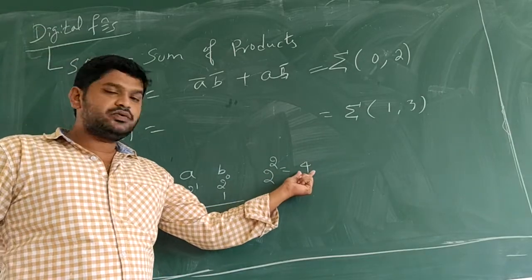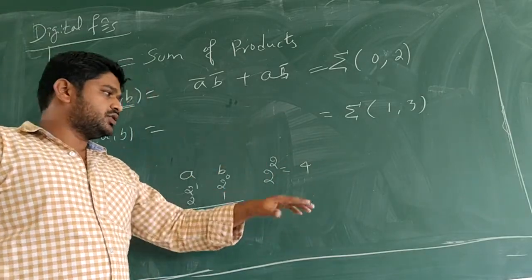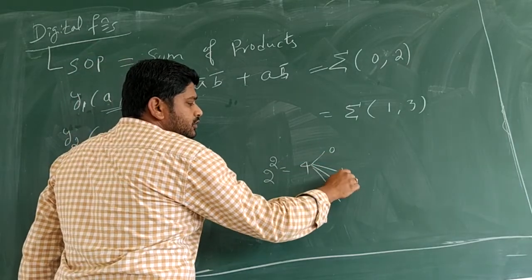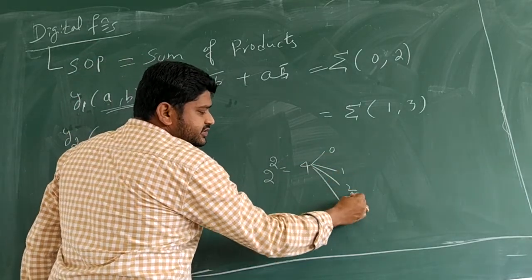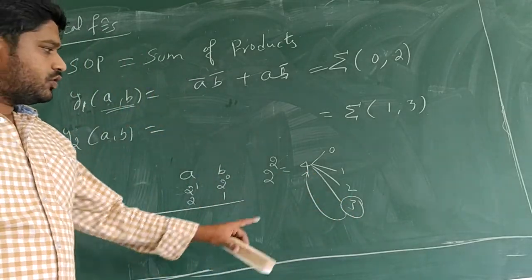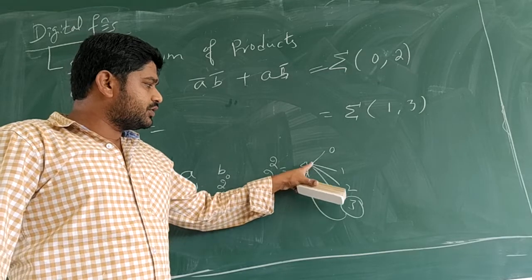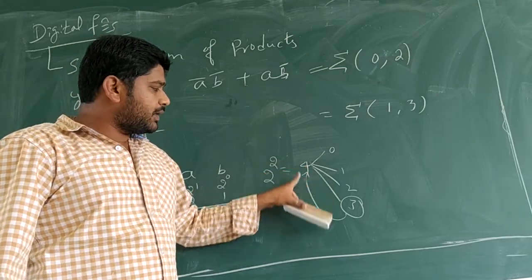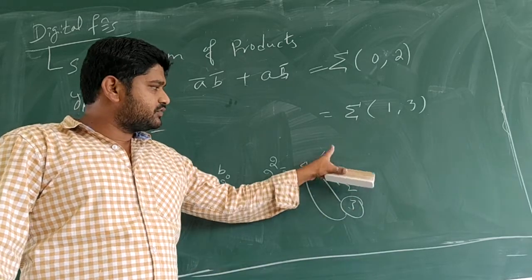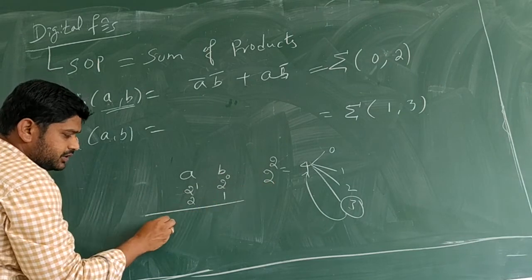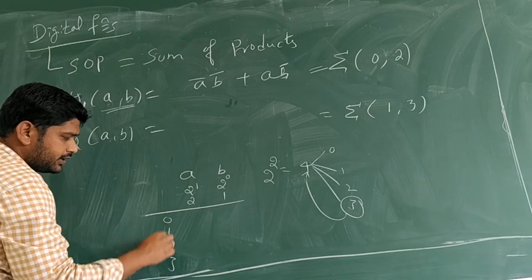There will be 4 different rows. All the time, whatever you get for 2 raised to the number of inputs, that value minus 1 will be the last, starting from 0 always. So now map them here: 0, 1, 2 and 3.